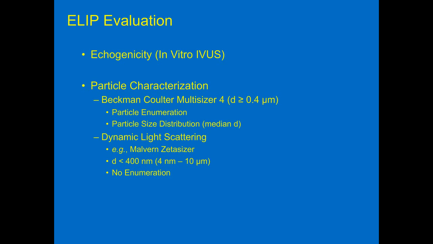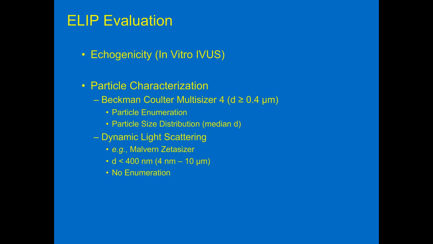And then we use dynamic light scattering, in this case a Malvern Zetasizer, to look at all the liposomes that are smaller than 400 nanometers. However, these DLS instruments do not count particles. You do not get the enumeration.